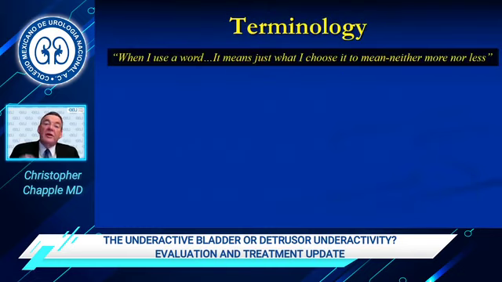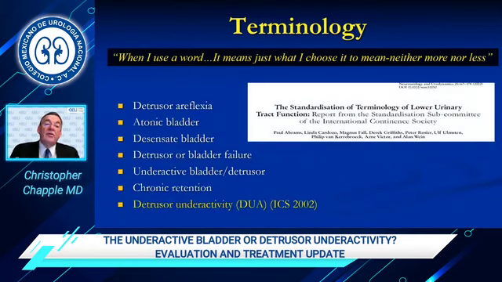The next question is terminology. When we use a word, we should know what it means, and you should choose it to mean what you mean it to mean. And in this context, of course, we have many different terms that are used in English, and I'm sure it's very much the same in Spain. Looking at Spanish, looking at the different terms.